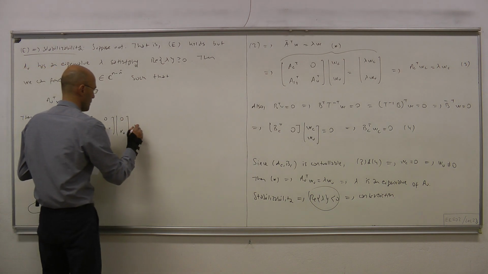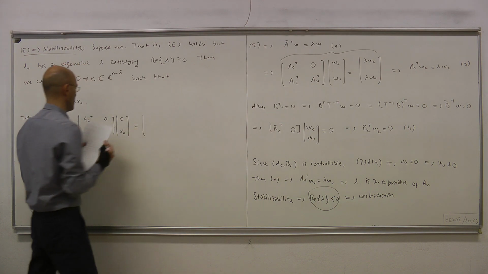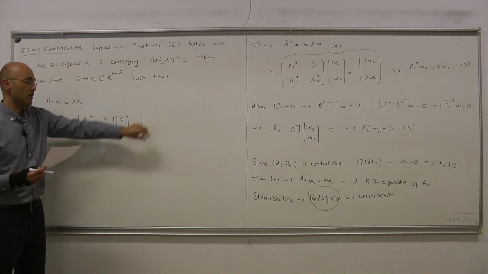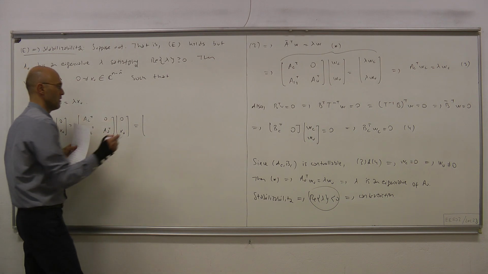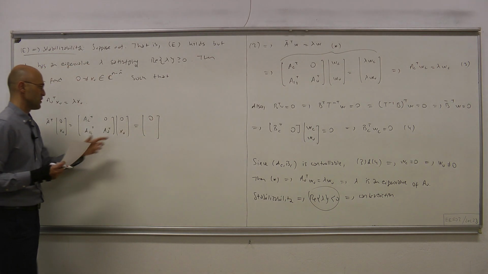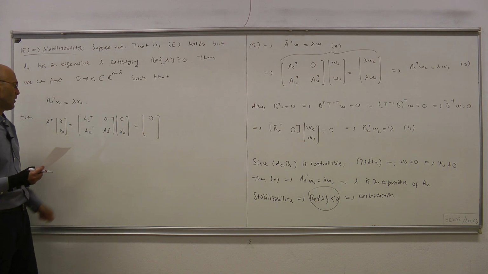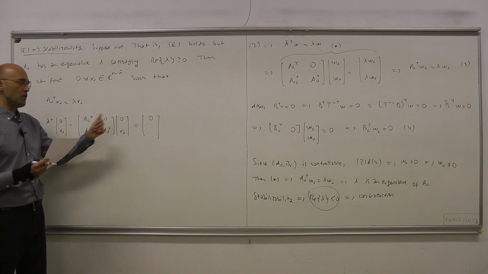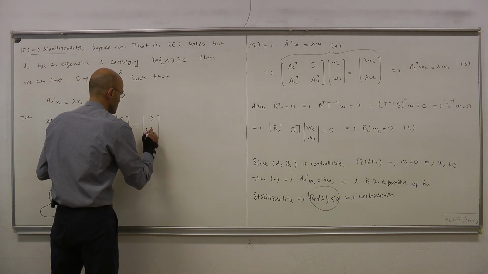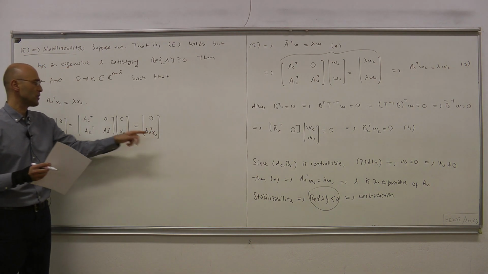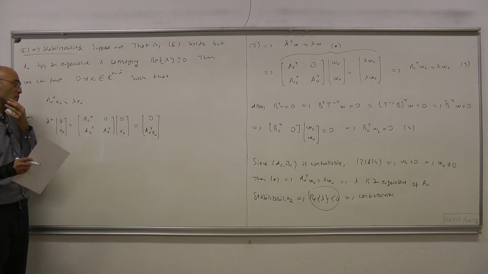Okay, that equals, for the upper part we have AC transpose times 0 plus 0 times XU, therefore the upper part is 0. As for the bottom part, it's this matrix times 0 plus AU transpose times XU. Now AU transpose times XU is lambda XU.